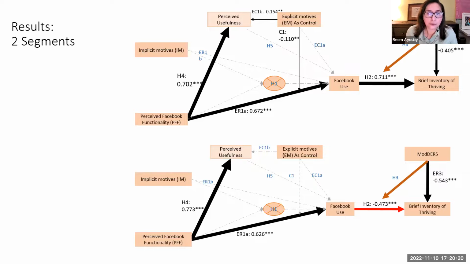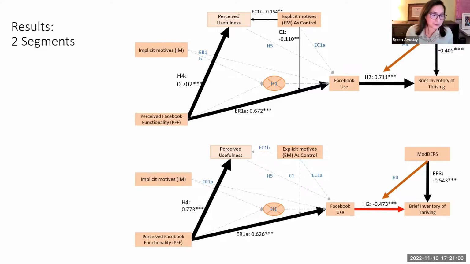Even though within each group we saw no relationship there, between one and the other there is a difference. And the difference is that in the group that has negative outcomes, their emotions get involved in their Facebook use, and that influences the negative outcome. I thought that was insightful in terms of how Facebook use interacts with emotions and results in the well-being construct. So this is at the very last stages of the model.